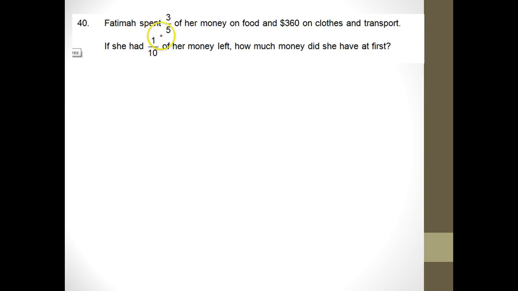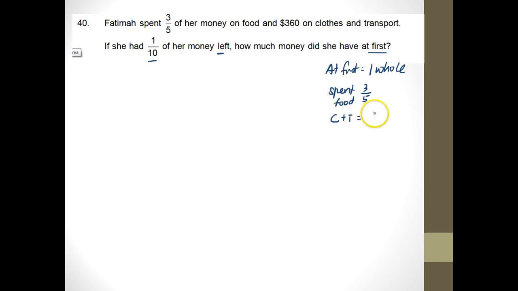Question 40. Fatima spent 3/5 of her money on food and $360 on clothes and transport. If she had 1/10 of her money left, how much money would she have at first? So I know that at first she would have 1 whole, right? So she spent 3/5 on food.